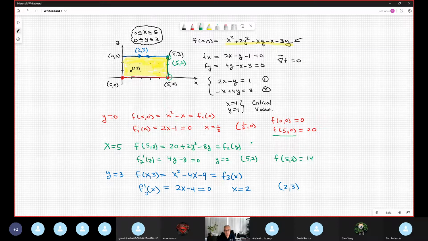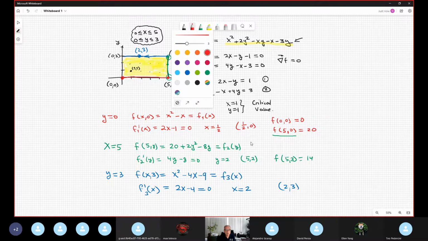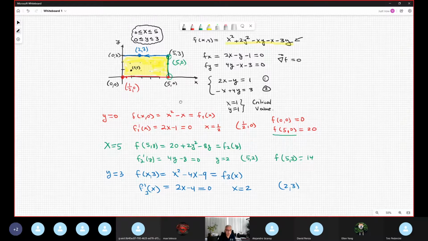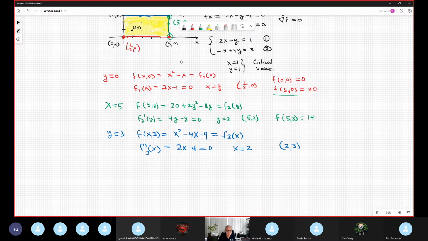Now, I forgot in red color, 1/2, 0. 1/2, 0 is here approximately. This is one way I create the organization. It's a long problem, but it's easy.